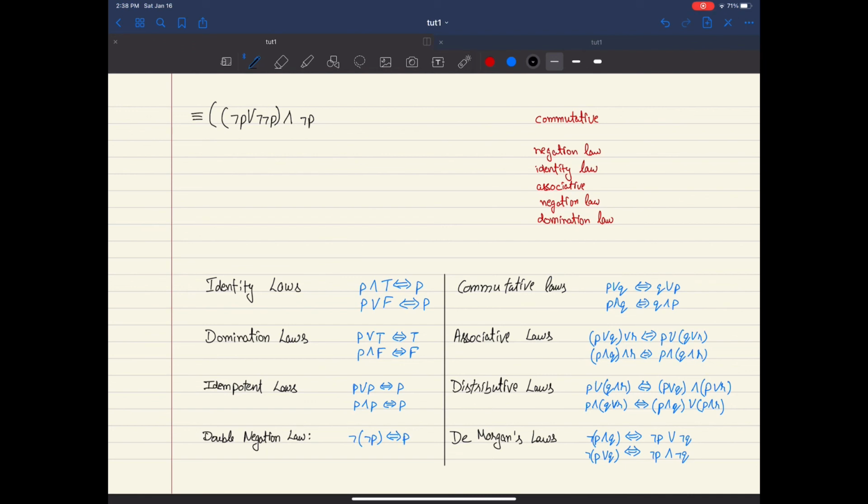So this was one usage of the distributive law, and now we use it again with the R. So that would give me (R or not of not Q) or R, and (not R or R).